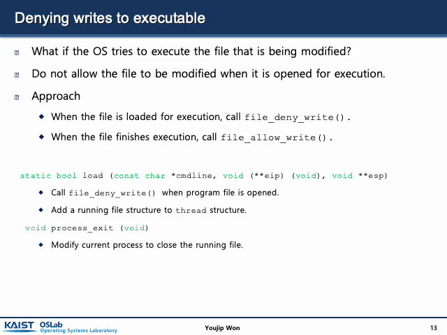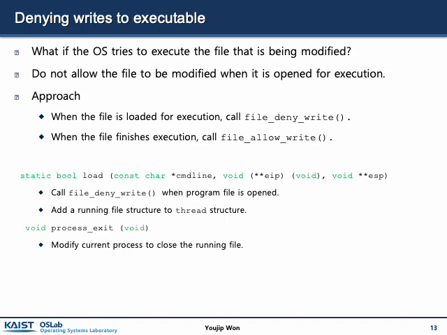What you also have to consider is denying writes to executables. Please prevent the OS from executing a file that is being modified. You should not allow the file to be modified when the file is open for execution.